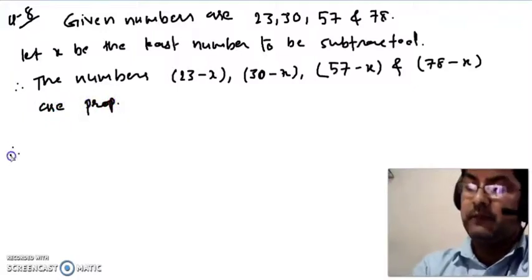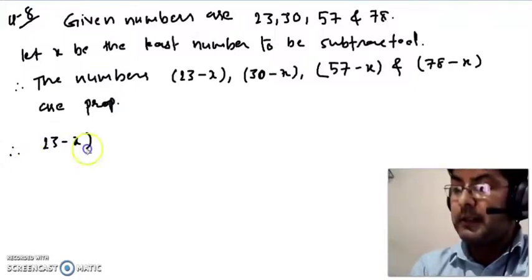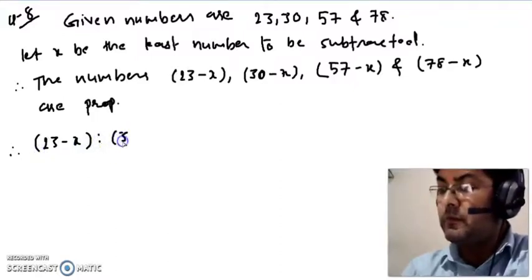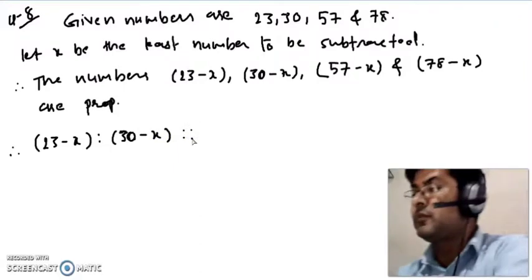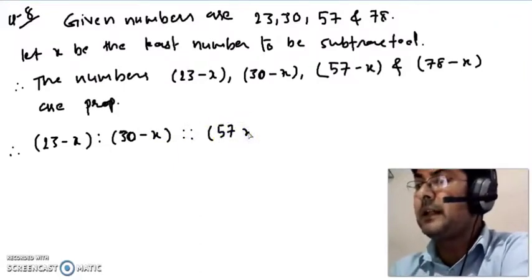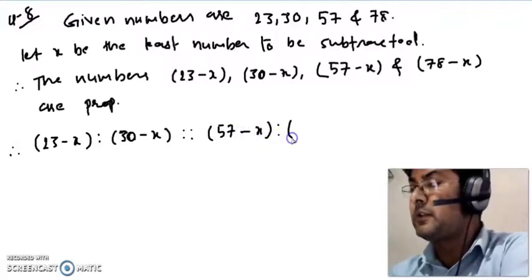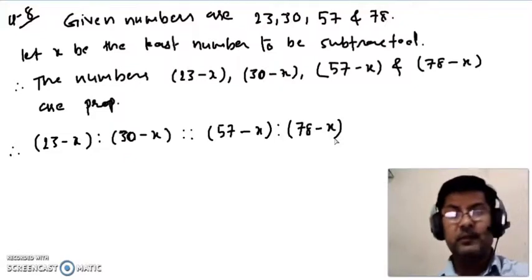And therefore we can write 23 minus x is to 30 minus x as 57 minus x is to 78 minus x.